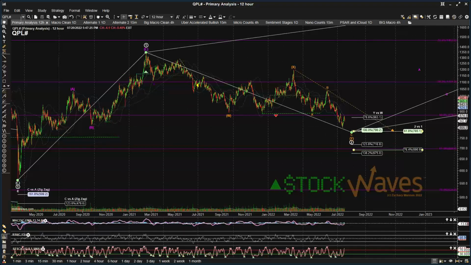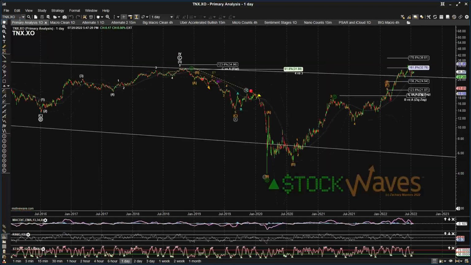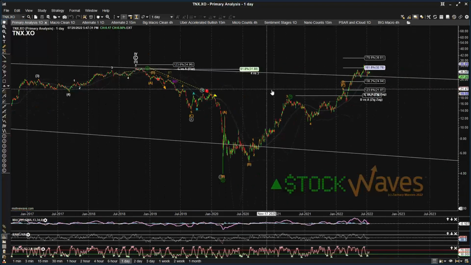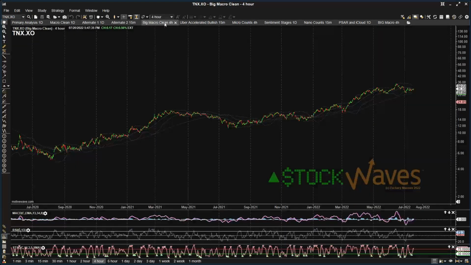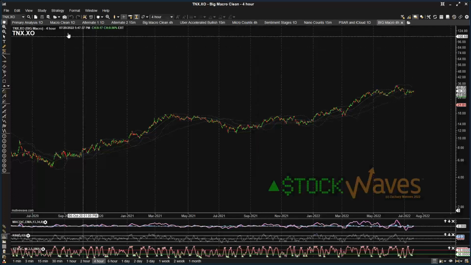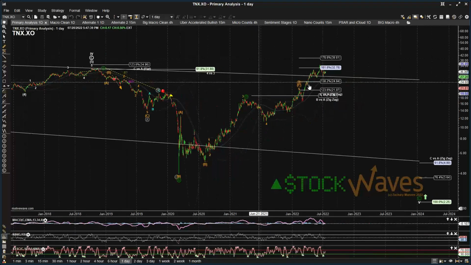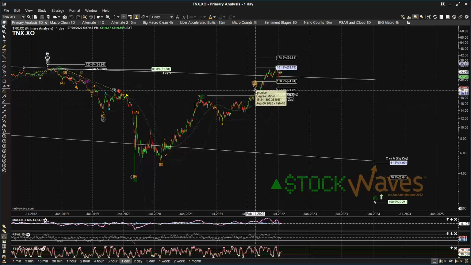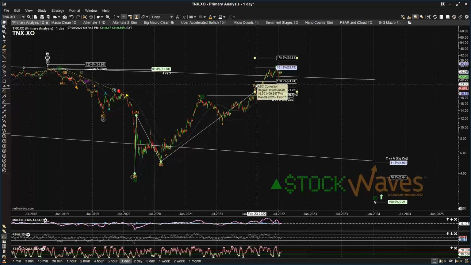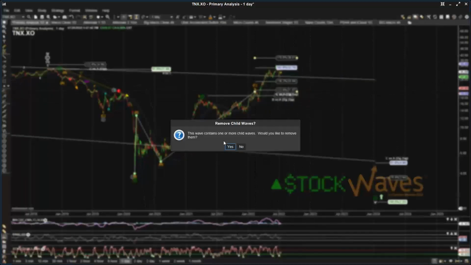Claude, TNX is basically just the inverse of the bond chart that we were looking at. I have not updated it, I don't think, because when I started doing the bond coverage, most people wanted to see the actual bond prices and not the yields.